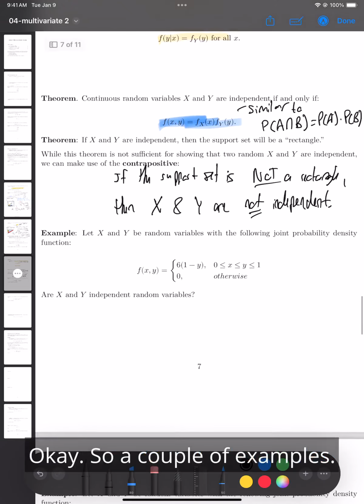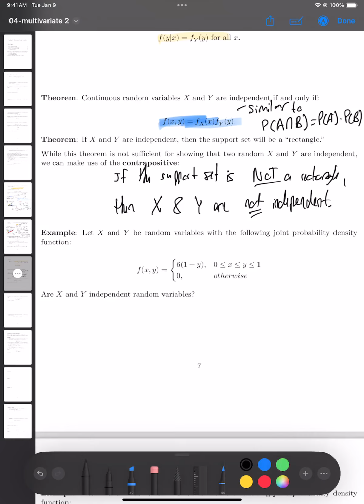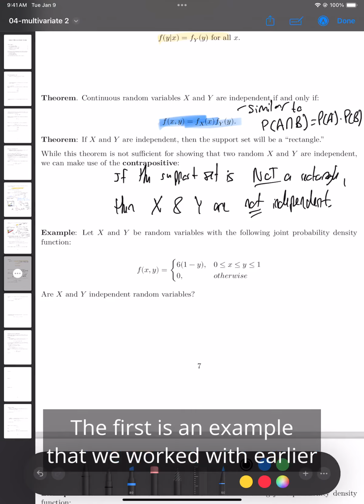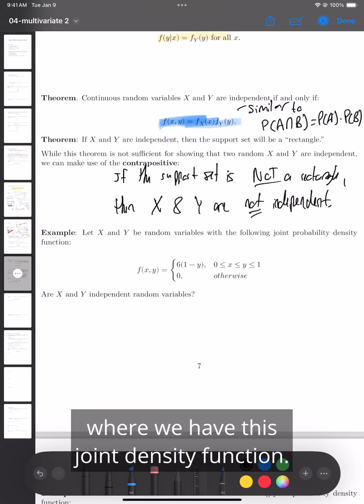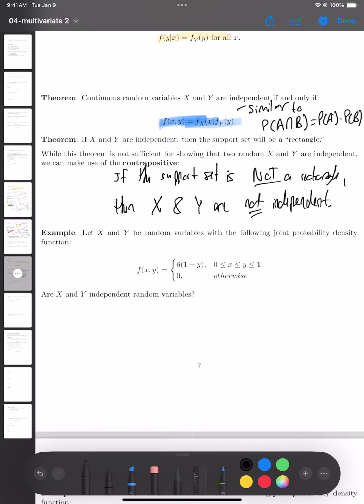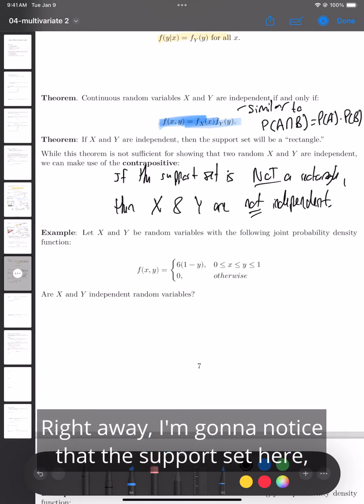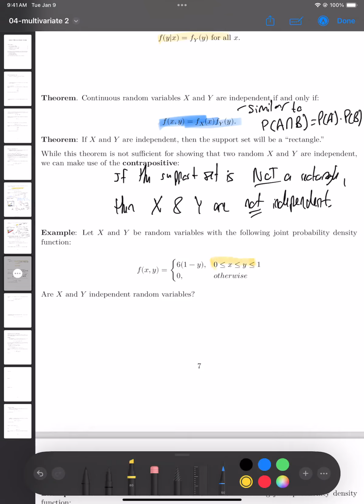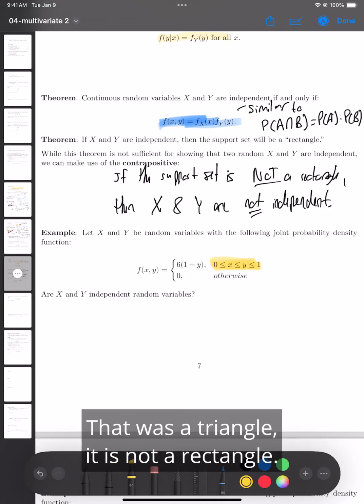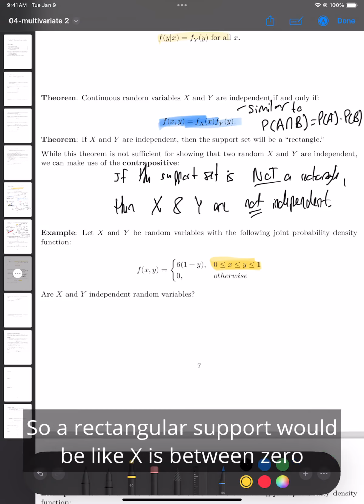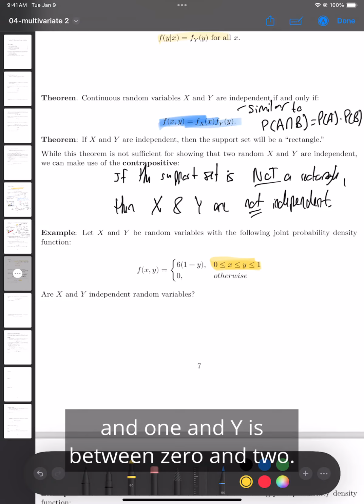Okay, a couple of examples. The first is an example that we worked with in an earlier video, where we have this joint density function. Right away, I'm going to notice that the support set here, which we sketched out earlier, was a triangle. It is not a rectangle. A rectangular support would be like X is between 0 and 1 and Y is between 0 and 2.